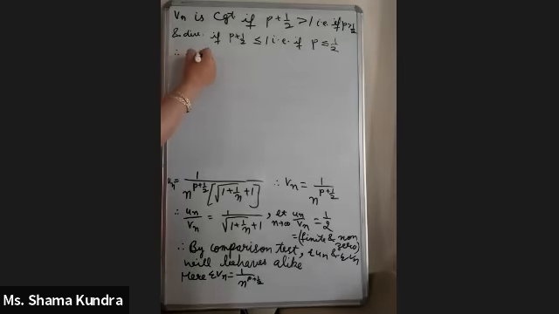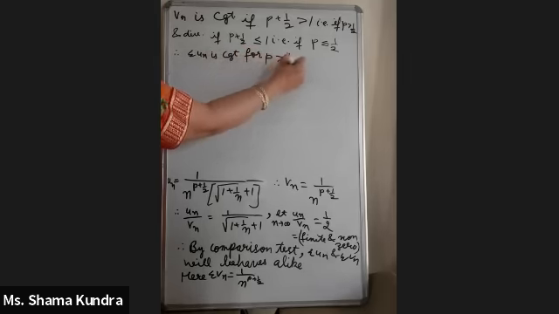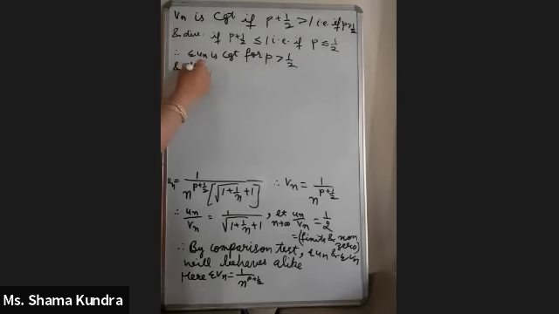Therefore, series un is convergent for p greater than 1 by 2 and divergent for p less than or equal to 1 by 2.